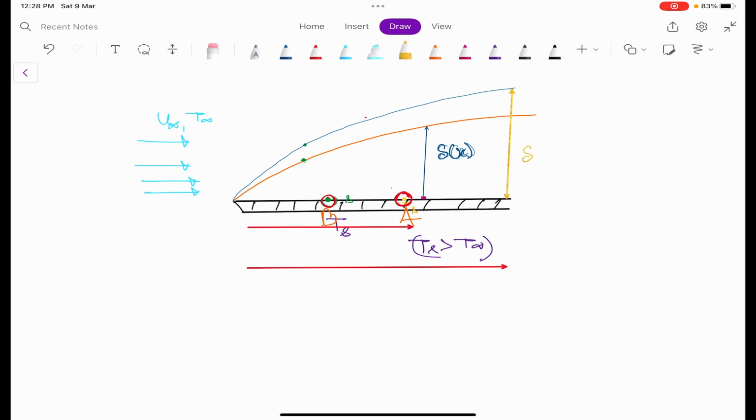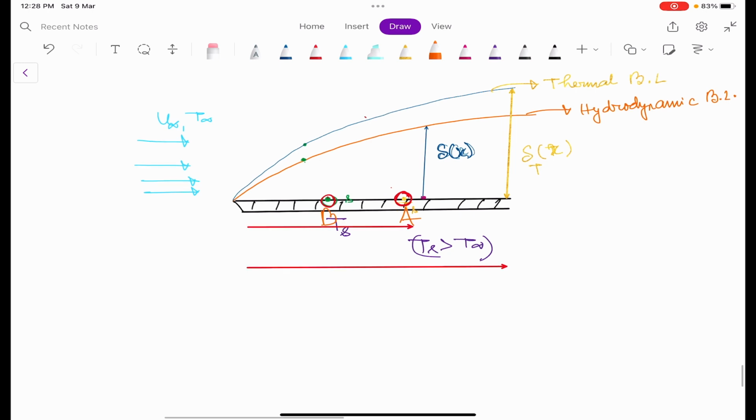So this is delta subscript T at any x. Here this is the thermal boundary layer, the thermal BL, and here this is the hydrodynamic BL or the velocity BL, correct?